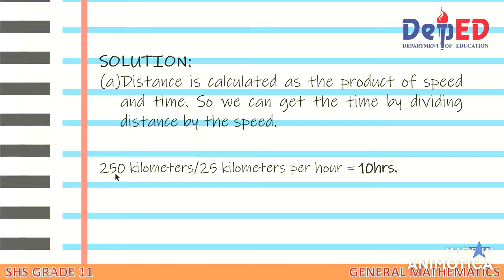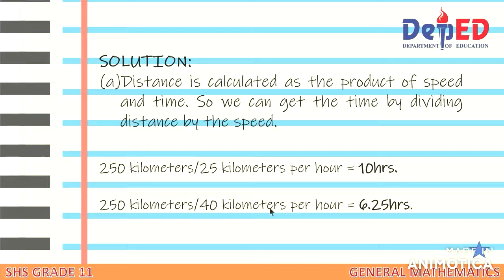Given yung 250 from our problem, given din yung 25 kilometers per hour. So, of course, we'll just divide. 250 divided by 25, it's 10 hours. So, 10 hours ka daw makakarating sa Baguio kung 25 kilometers per hour ang takbo mo. Okay?